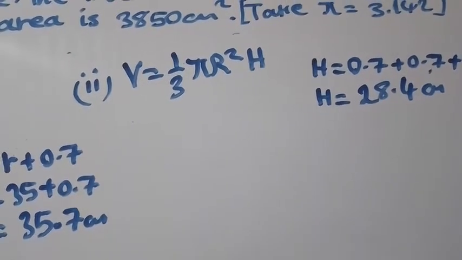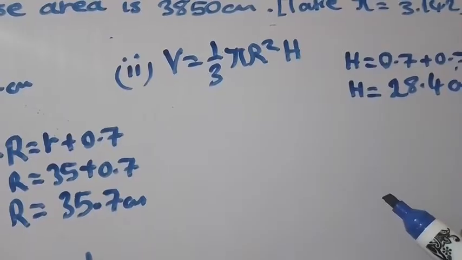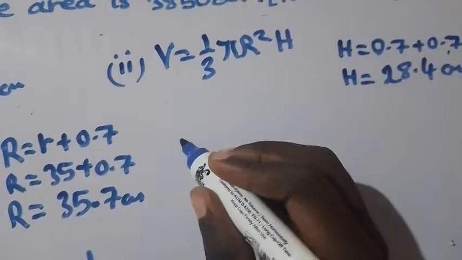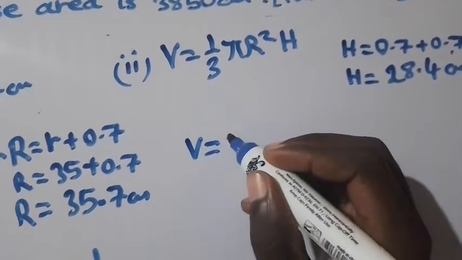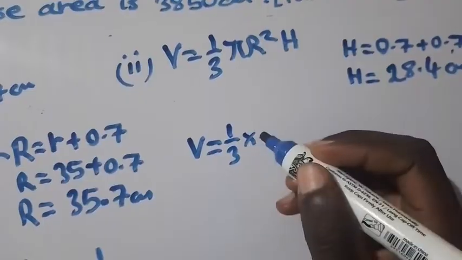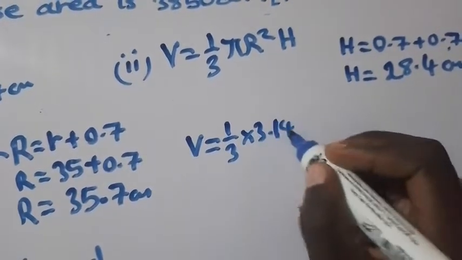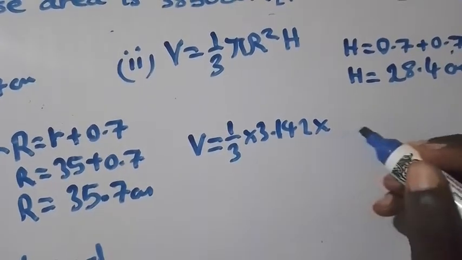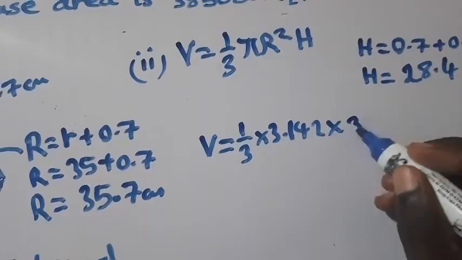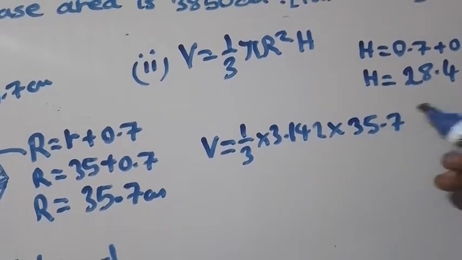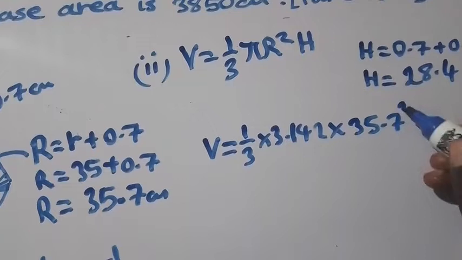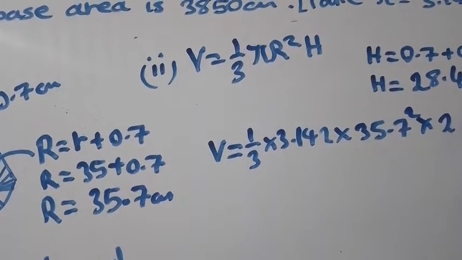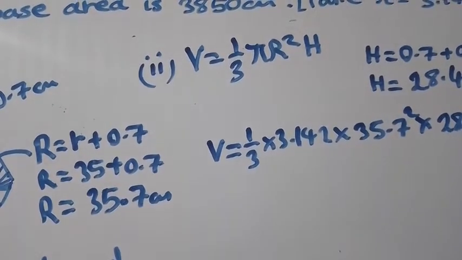So now we have gathered data, we can calculate the question. So volume equal to 1/3 times 3.142 times radius, capital letter R, we have calculated 35.7 squared times capital letter H, which is 28.4.